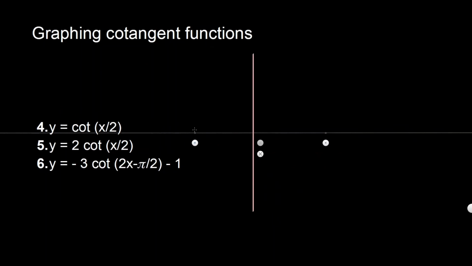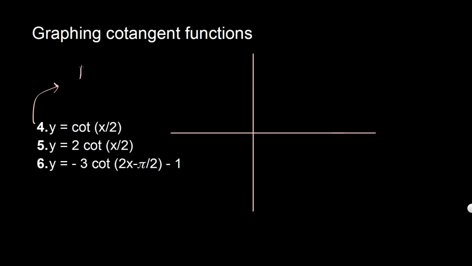Again, those are all one period, one cycle of cotangent for now. So we've got to figure out the period first. Period for cotangent or tangent will be pi over b. B in this case is 1/2. So that's multiplied by 2 top and bottom to get rid of that. It's going to be 2 pi.